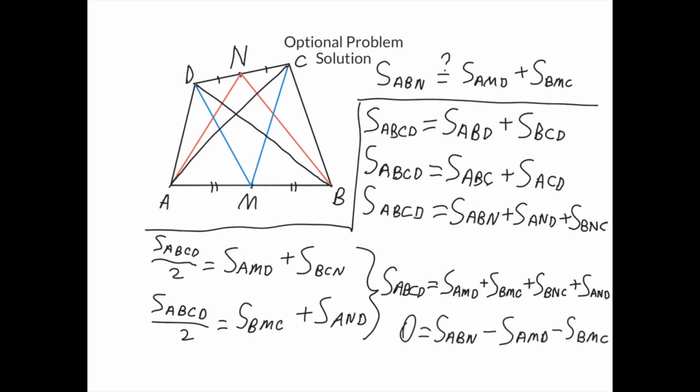Notice that the area of triangle AND cancels out here and here, and the area of triangle BNC cancels out here and here. And of course, the area of the quadrilateral ABCD cancels out. And so we're left with 0 equals the area of ABN minus the area of AMD minus the area of BMC. But you see, this is exactly what we wanted. Just put these two areas on the other side of the equation, and then we have it.